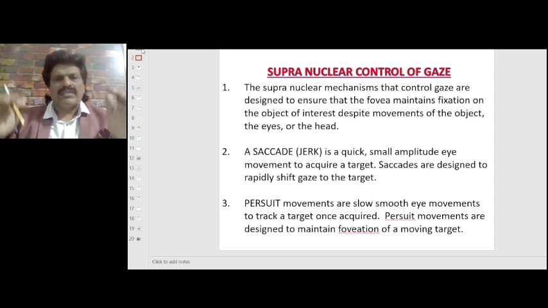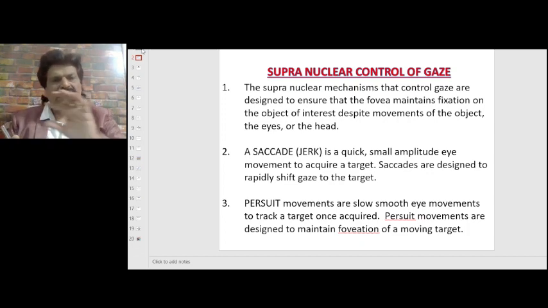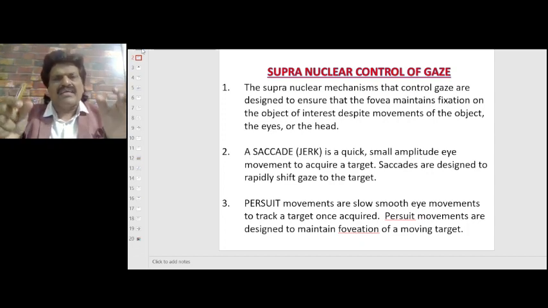Supranuclear means the pathways above the third, fourth, sixth cranial nerve nuclei, like saccadic pathways and pursuit pathways. The internuclear pathway is between the third, fourth and sixth, the connecting pathway, which is the medial longitudinal fascicles. And finally, when the third, fourth, sixth cranial nerve nuclei and nerves per se are involved, we call it an infranuclear pathway. Very interesting and very important.